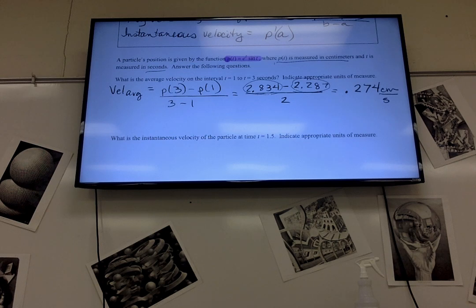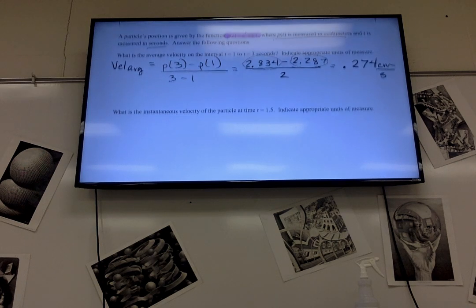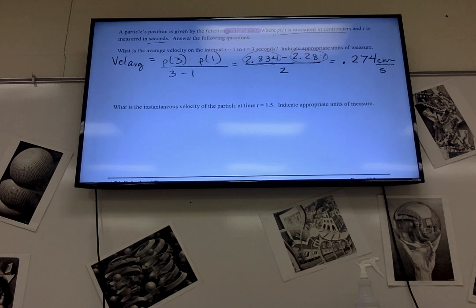Okay, instantaneous velocity at t equals 1.5. So we know that P of t is e to the t times the sine of t. Instantaneous velocity is the first derivative. So what do we do?